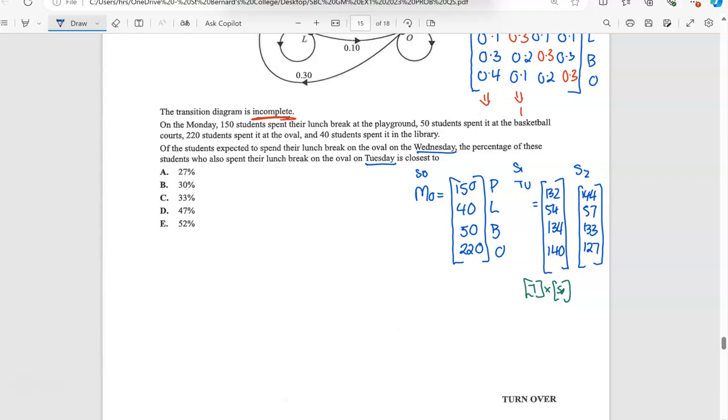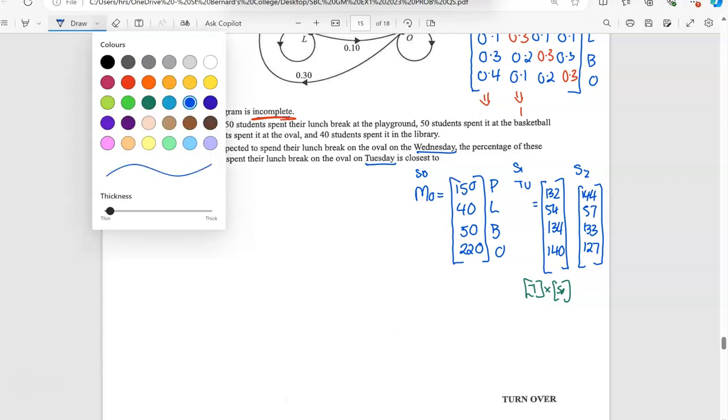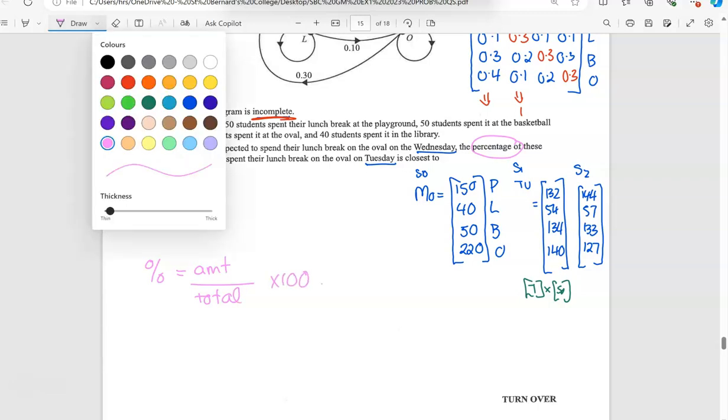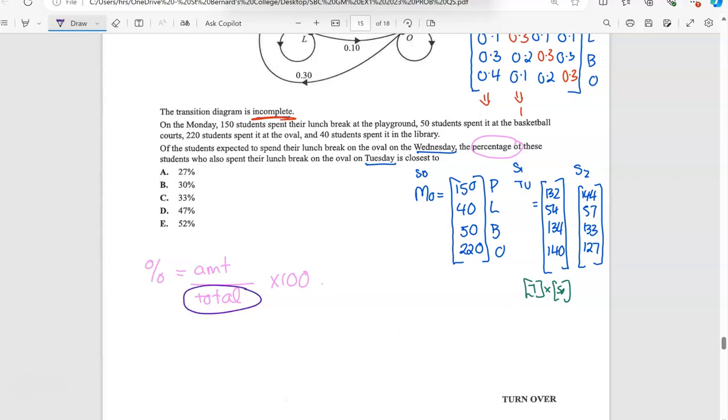Now, when they're asking a percentage, this is important. A percentage is always an amount out of a total times 100. When they talk about the total, you'll often hear them say 'of these things'. So of the students expected to have their lunch on the oval Wednesday, oval Wednesday, yes?